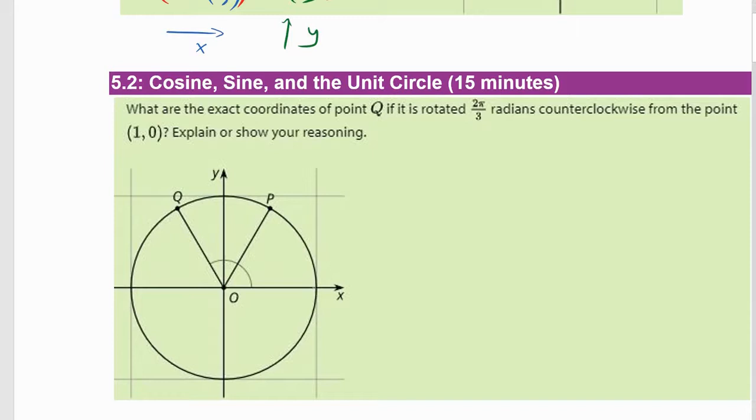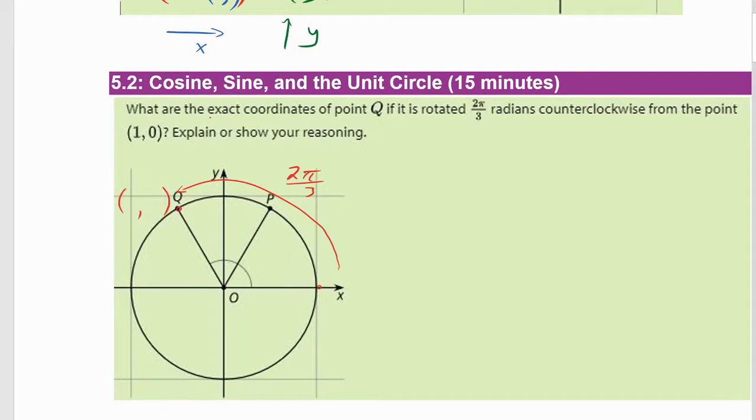So you're still starting here, but then you're rotating all the way over, 2 pi thirds, all right? So what would be the location for Q if you do that?